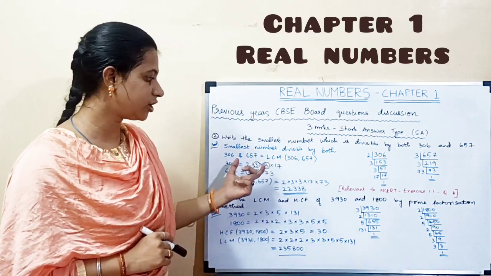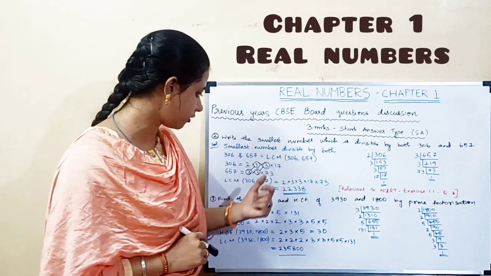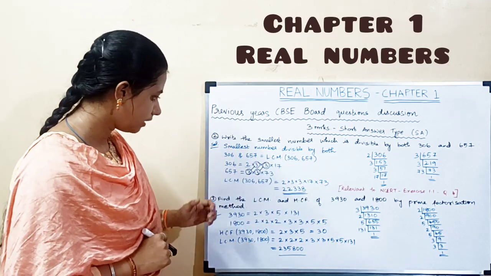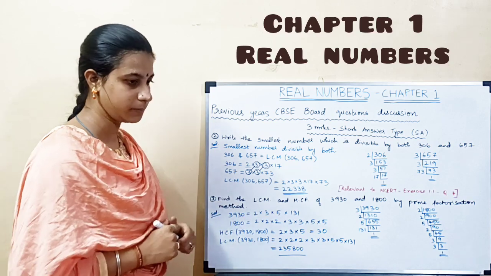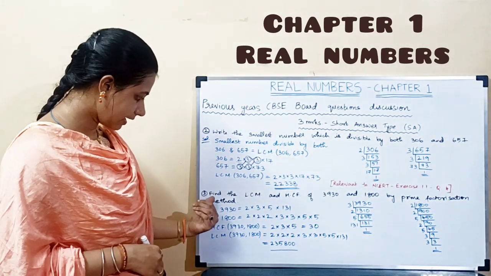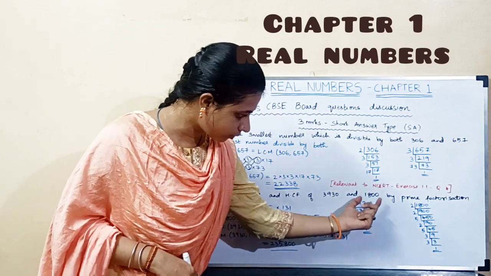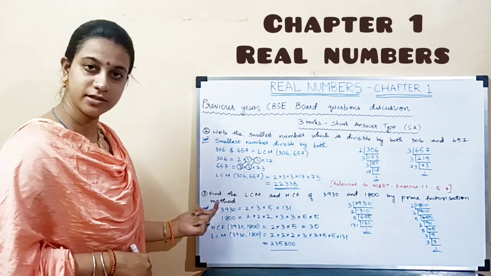There we will use the condition HCF into LCM is equal to the product of the numbers, but here we are performing the prime factorization. Now let's move on to the third question. In the third question it is asked, find the LCM and HCF of 3930 and 1800 by prime factorization method.